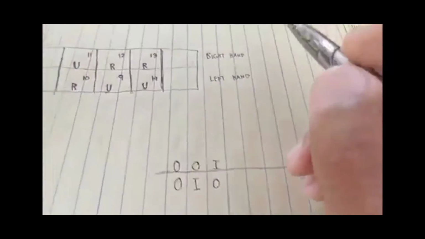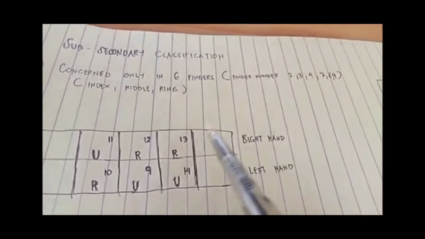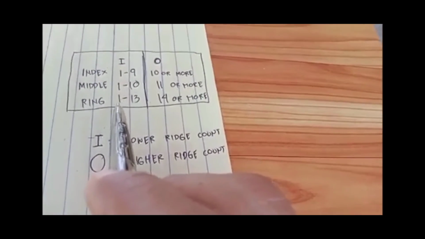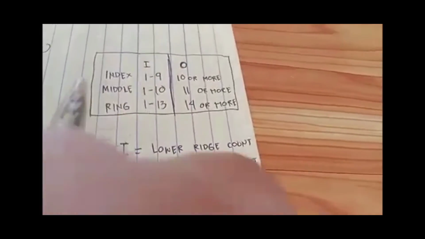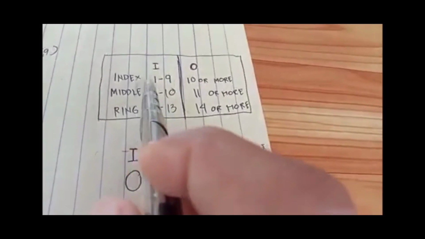And lastly, the ring finger. In the right ring finger, this is a radial loop and has a ridge count of 13. If we look back, it has a symbol of letter I because, according to the symbol, if it has a 1 up to 13, it has a symbol of I. So I wrote I here.